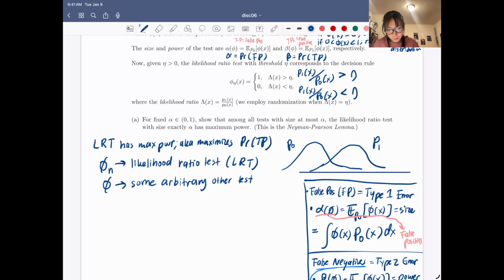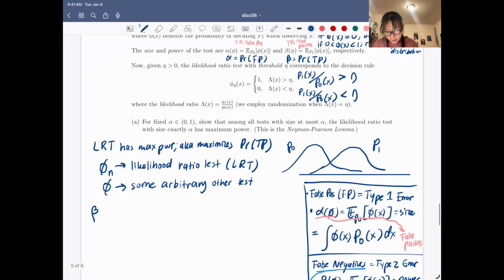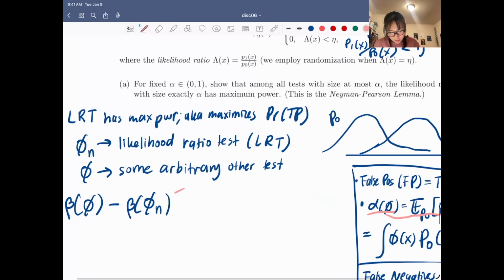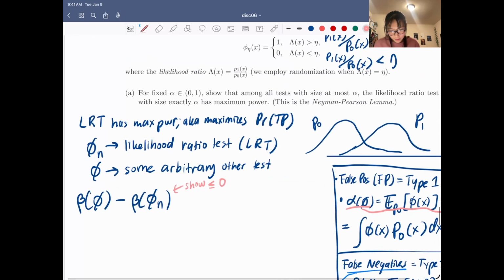One way we can do this is we can show, so this is power, right? Remember, beta is power. So the power of other tests minus the power of our likelihood ratio test, we want to show that this is less than or equal to 0. Because if this is less than or equal to 0, then our likelihood ratio test, phi of n, must have maximum power.